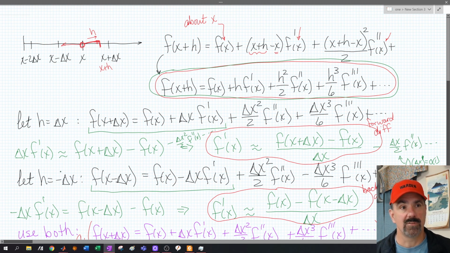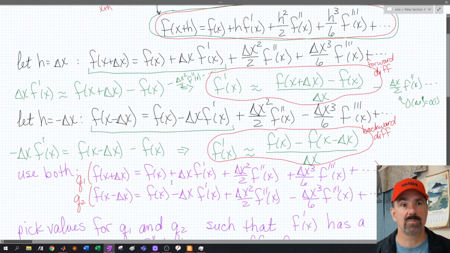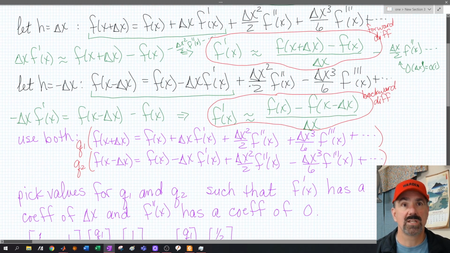For the backward difference, what I'm going to do is use the same representation from Taylor's theorem, but h is going to be negative delta x instead of positive. So I put a negative delta x in, negative delta x squared, negative delta x cubed, etc. Same thing, we're going to do the approximation for the first derivative. Solving for negative delta x f prime, this would give me a negative delta x squared over 2 f double prime plus blah blah blah.